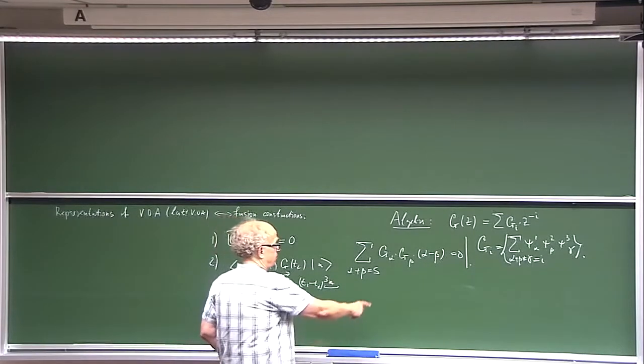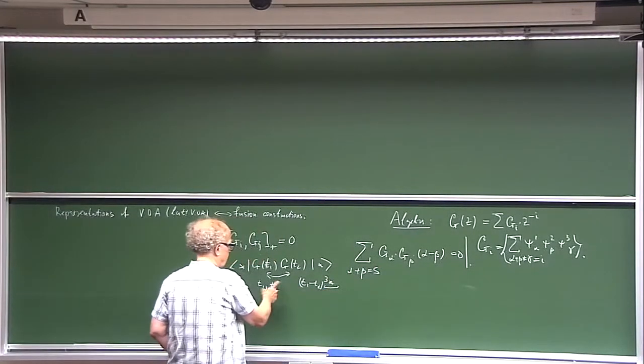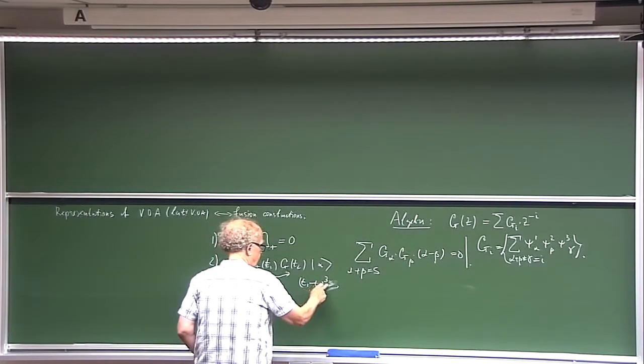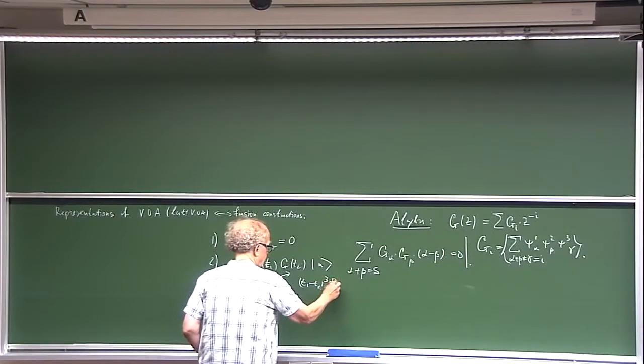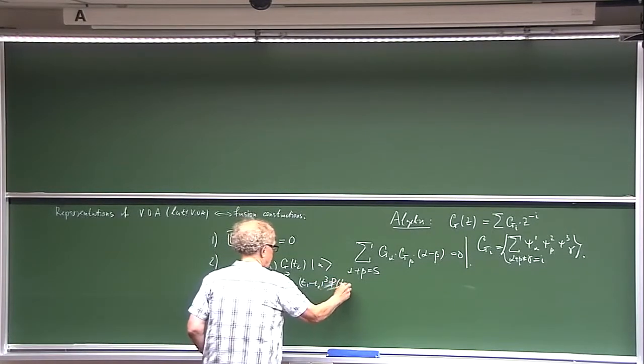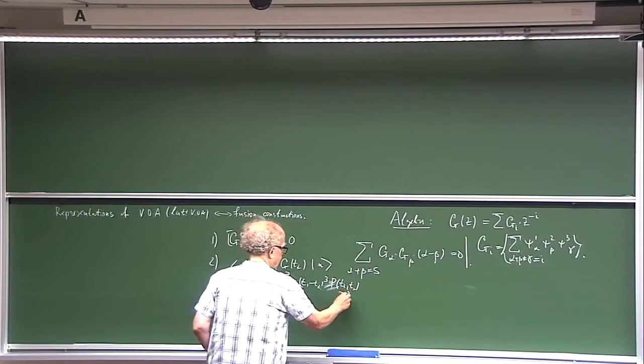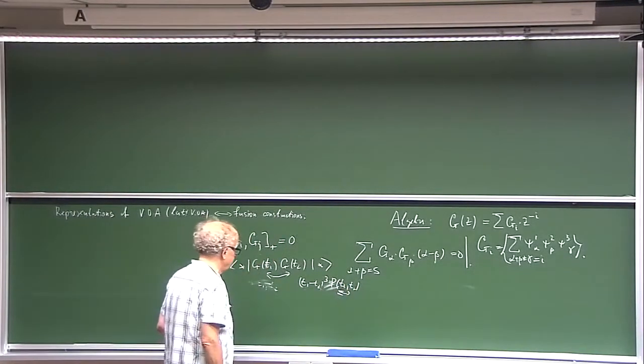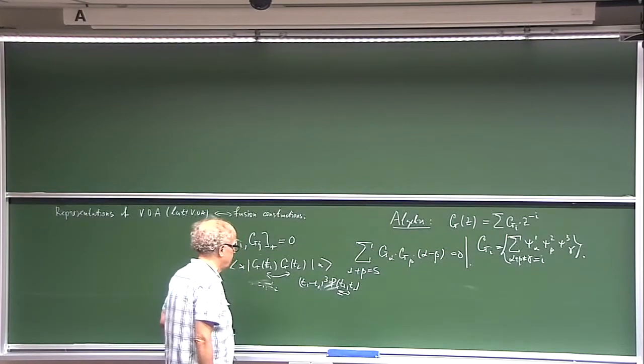So again, from this condition, it follows that this matrix element is (T1 minus T2) cubed times some polynomial in T1 and T2, and this polynomial is symmetric, and the whole object is skew symmetric, and this is the property.